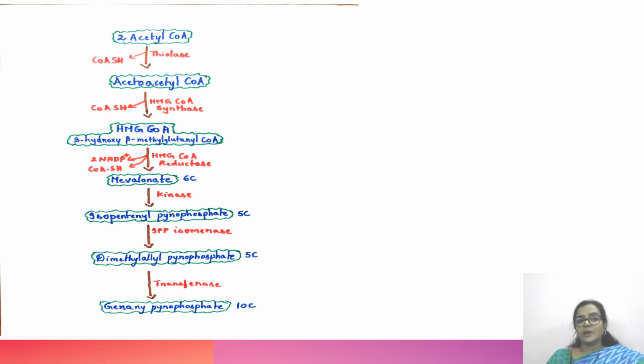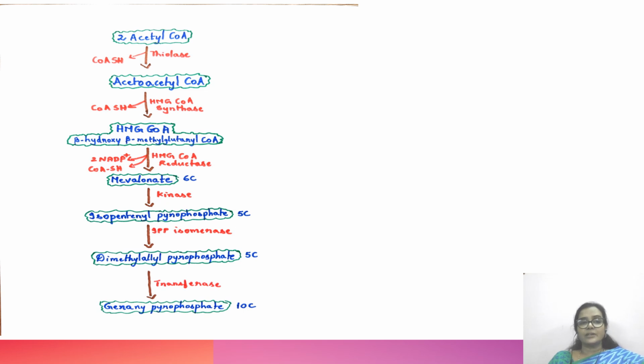That is, whenever the concentration of cholesterol is increased, it starts inhibiting this enzyme HMG-CoA reductase, inhibiting its own production, cholesterol production. That is meant by feedback inhibition. And also the statins are competitive inhibitors for this HMG-CoA reductase. So that is the rate limiting step of the cholesterol biosynthesis.